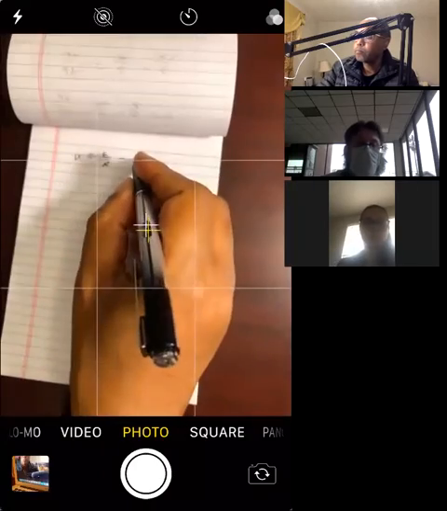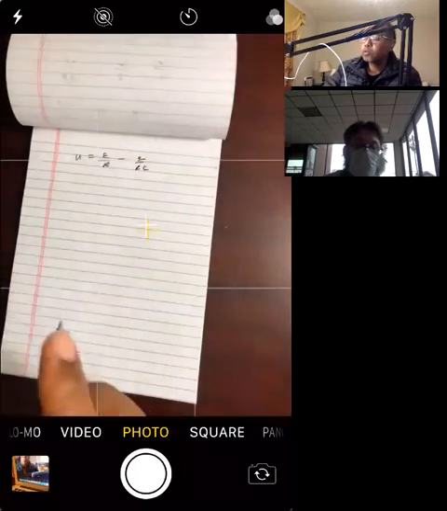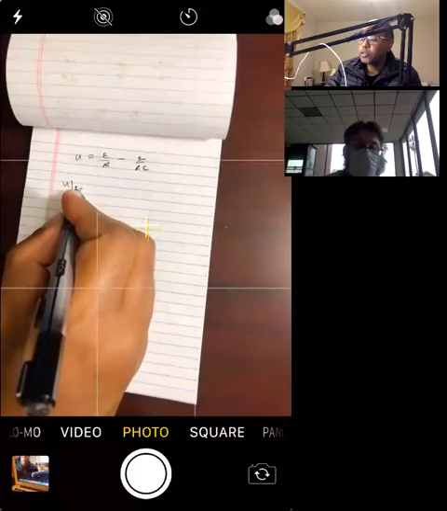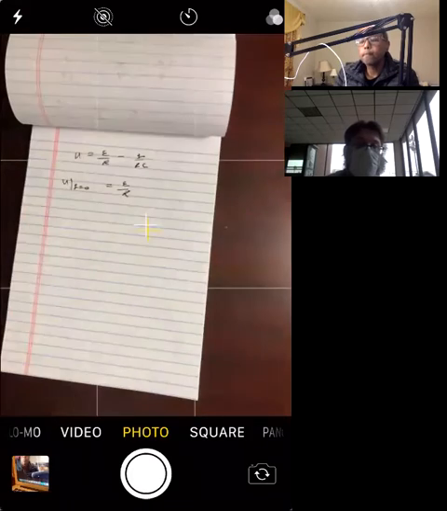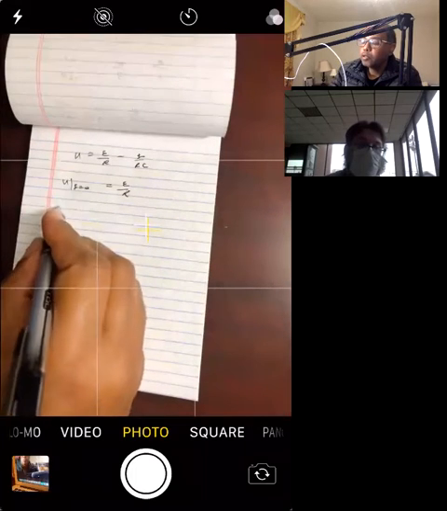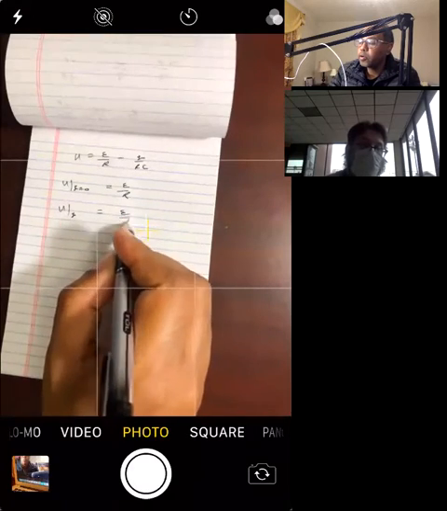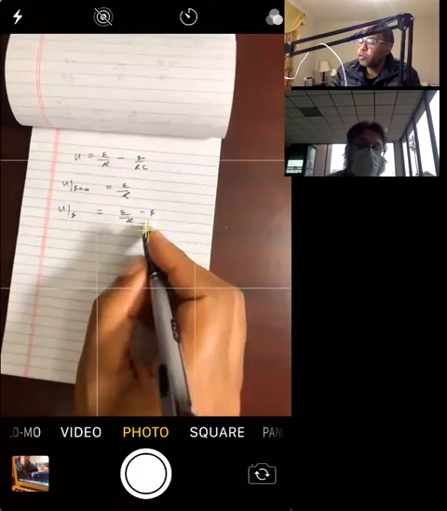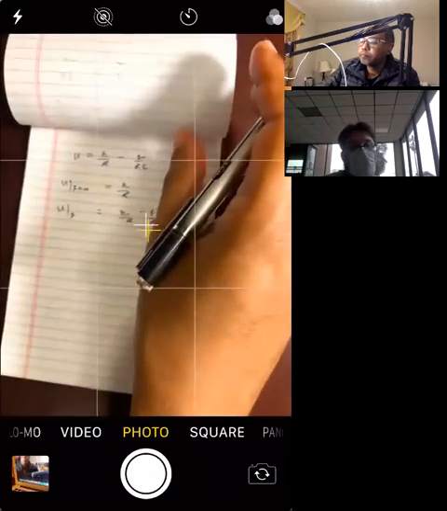So u at q equals 0 is just e over r. And u at q is simply the same thing, e over r minus q over rc. All right, so the integral becomes as follows.